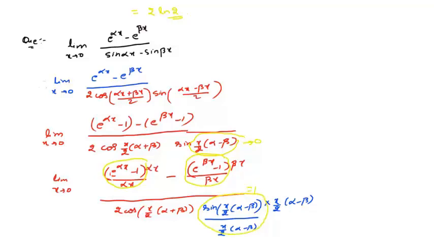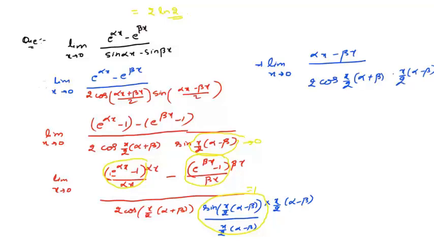So what our limit has converted to, finally we can write this as limit x tending to 0 of (alpha x minus beta x) whole divided by 2 cos of x by 2 (alpha plus beta), into x by 2 (alpha minus beta).